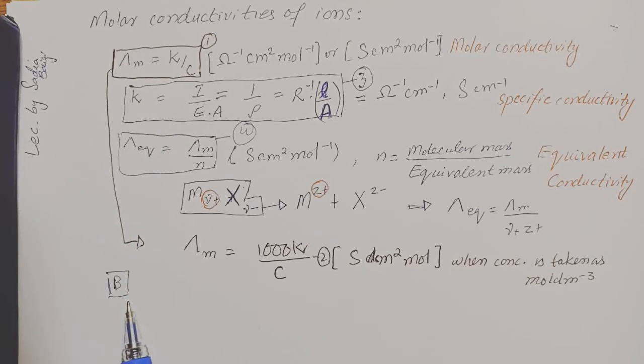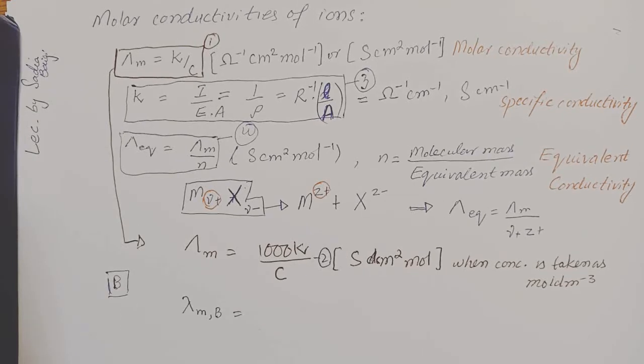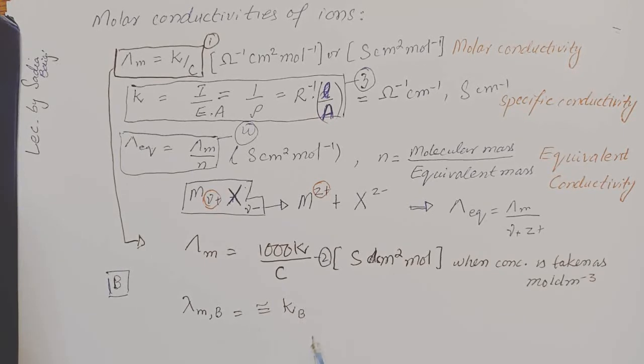For this ion B, the molar conductivity will be expressed with the symbol lambda, that is the conductivity of a specific species, and that will be equal to the specific conductivity produced by the ionic species B over its concentration.